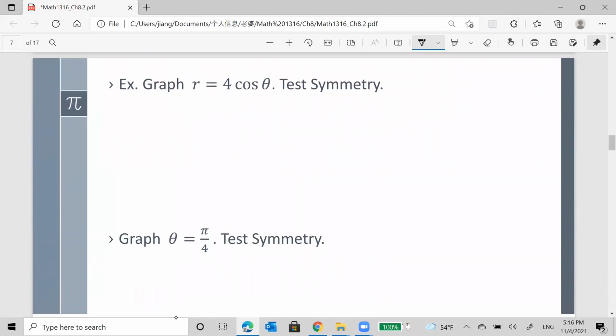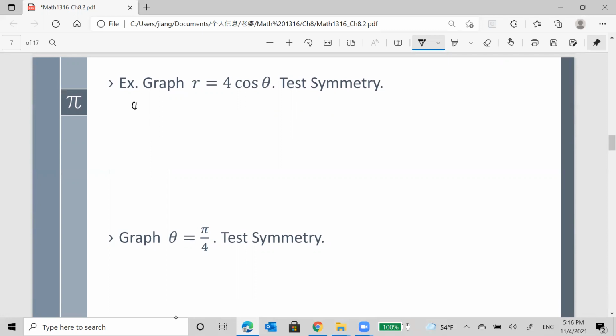So let's graph r equals 4 times cosine theta and test symmetry. Before we plot the points, we can test the symmetry first, because by the symmetry we can plot fewer points. So first, let's test if it's symmetric to the polar axis.